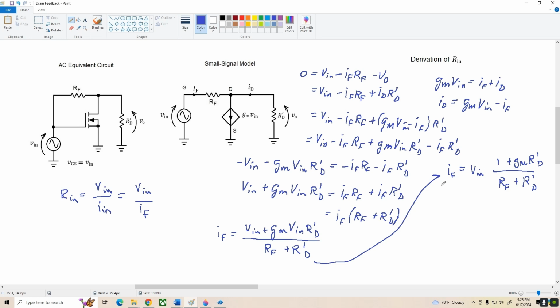So R in is equal to V in divided by this whole mess, and that would give us V in over all of this. This cancels, we get 1, and since we're dividing by this, we'll just multiply by the reciprocal, and we've got R in equals RF plus R prime D over 1 plus gm times R prime D. And there's our input resistance equation.